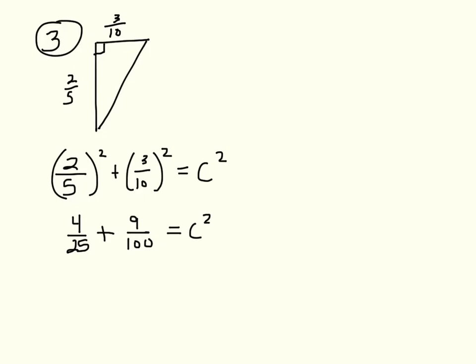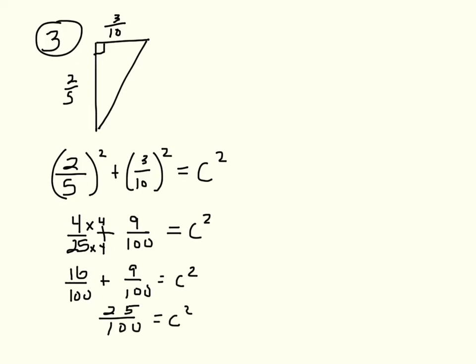I have to get a common denominator. My common denominator of 25 and 100 would be 100. So 25 times 4 gives me 100. So 4 times 4 gives me 16. 16 plus 9 is 25, so I get 25/100 equals C squared.